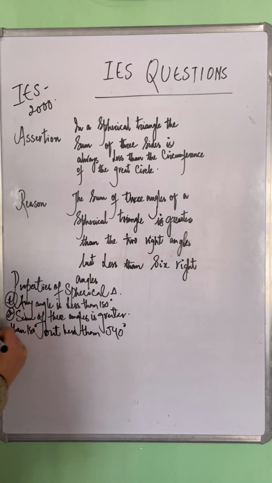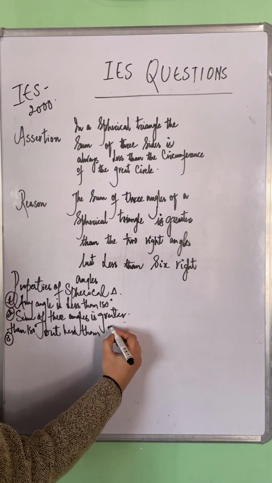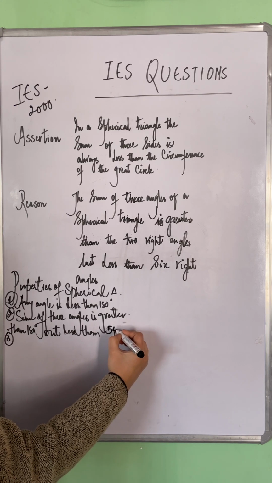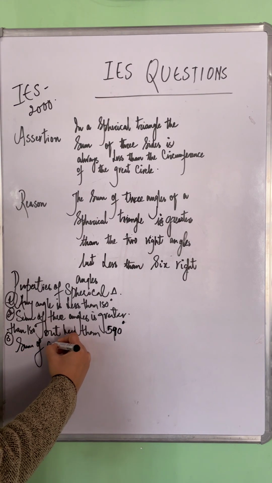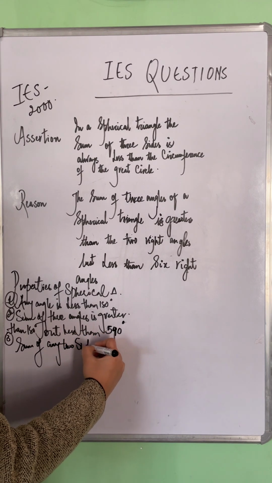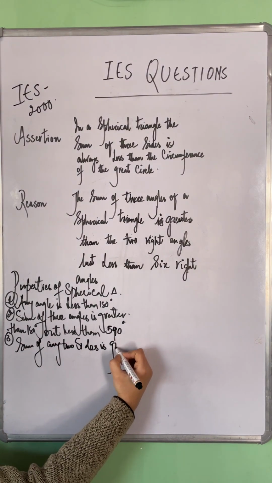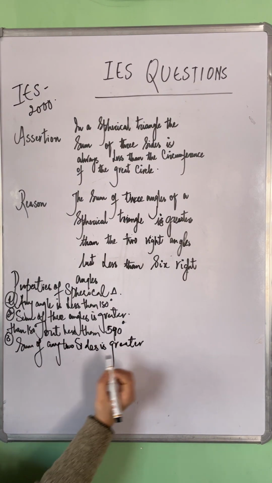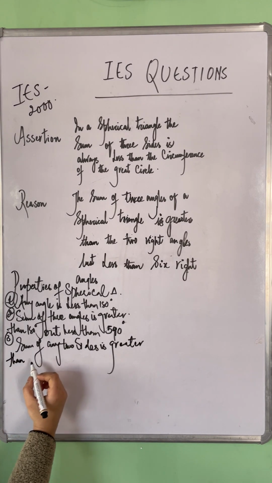The third property of a spherical triangle is that the sum of any two sides is greater than the third. This is the third property of a spherical triangle.